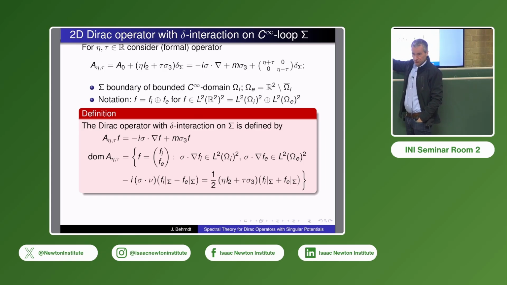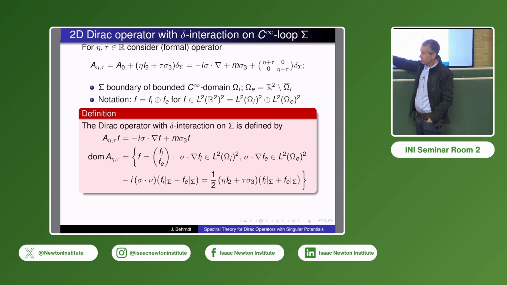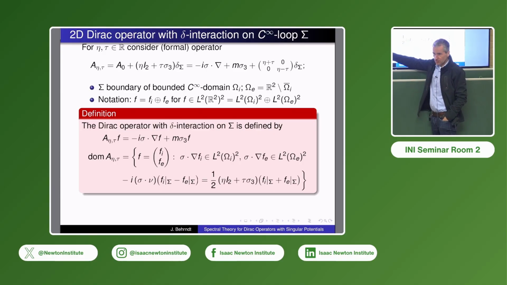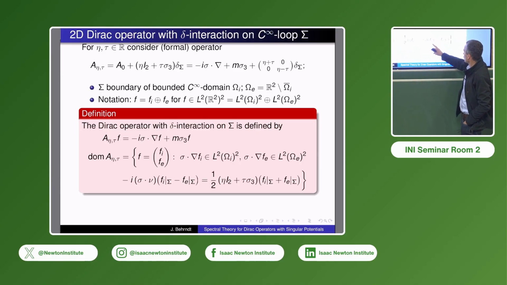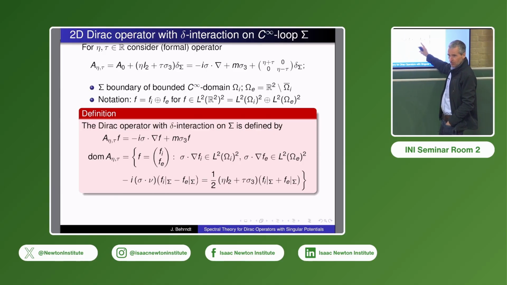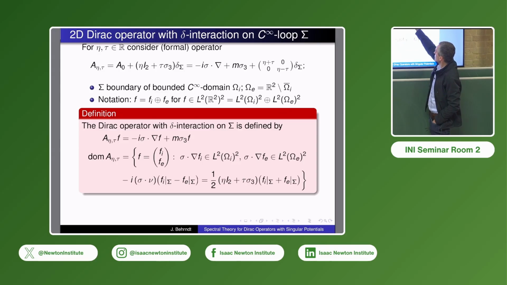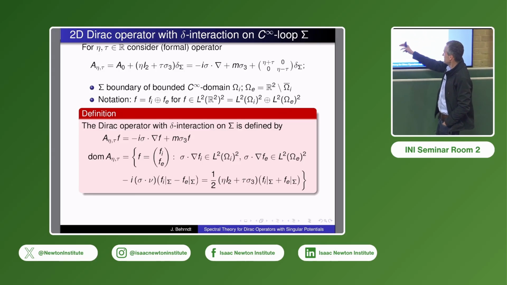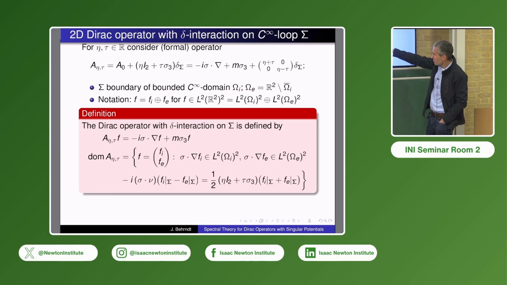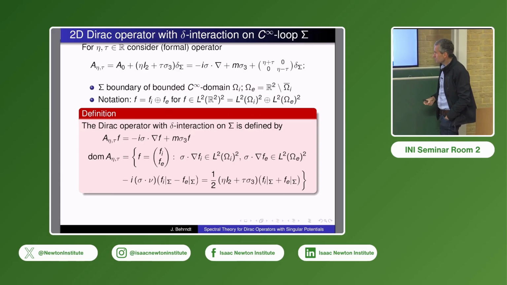So here's the difference of the traces on the loop. So you are kind of measuring the difference, and you somehow compare it with the average. And then these matrices, Pauli spin matrices, the normal vector, and eta and tau, and so on, they end up in this transmission condition.